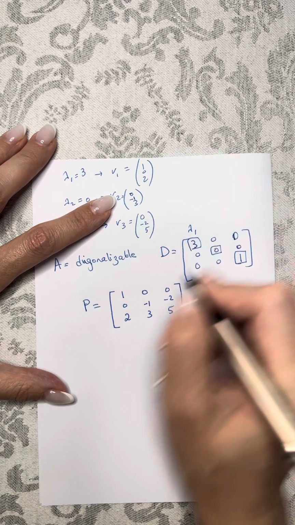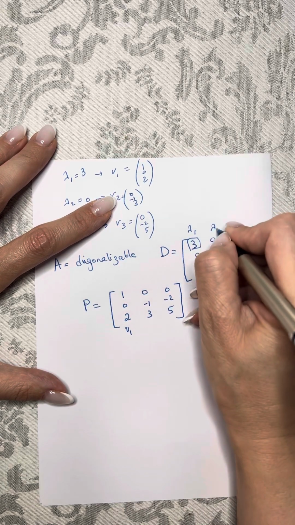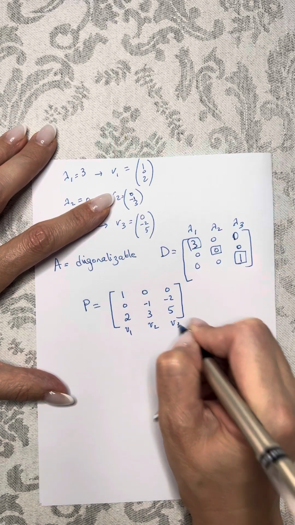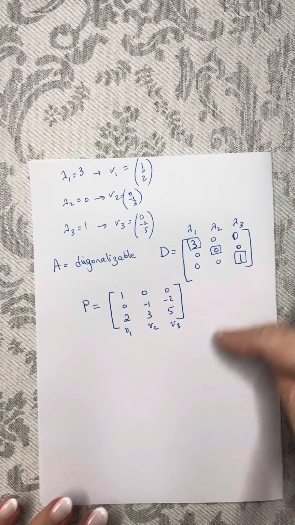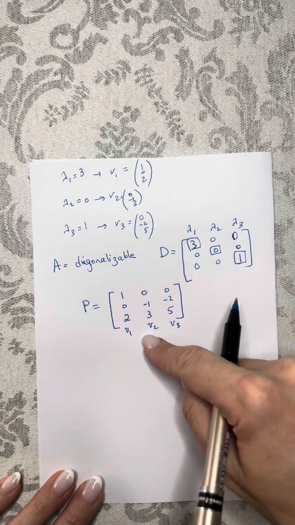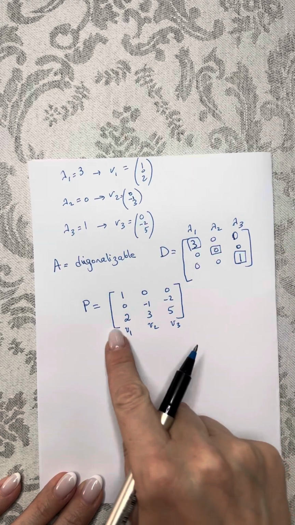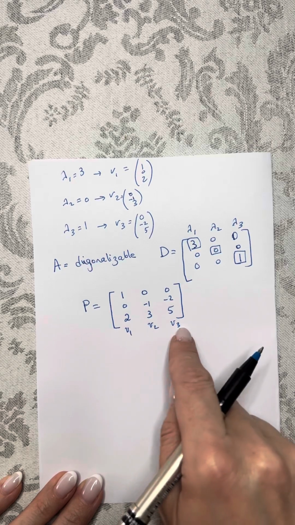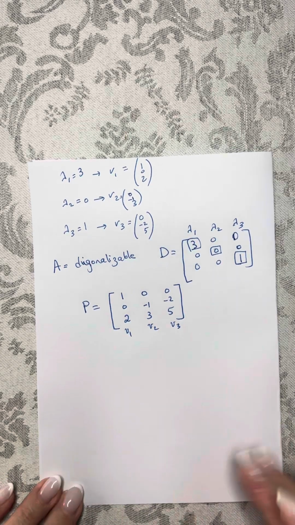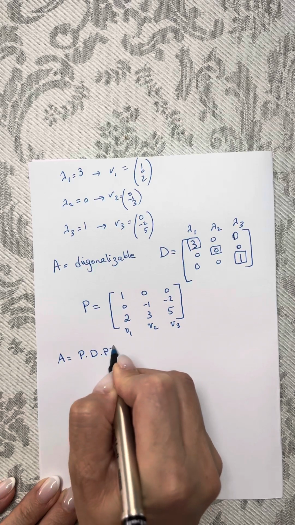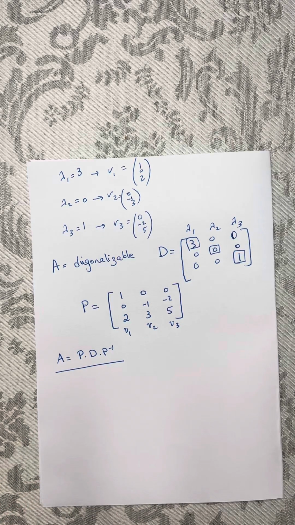This is lambda 1, this will be V1. This corresponds to lambda 2, this will be V2. Lambda 3, V3. So that's why many people would have different D, different P. It doesn't matter. Some people would have a different order here, but then it will be reflected with a different order here. So the answer will still in total be the same. A is going to be equal to P D P inverse as such.